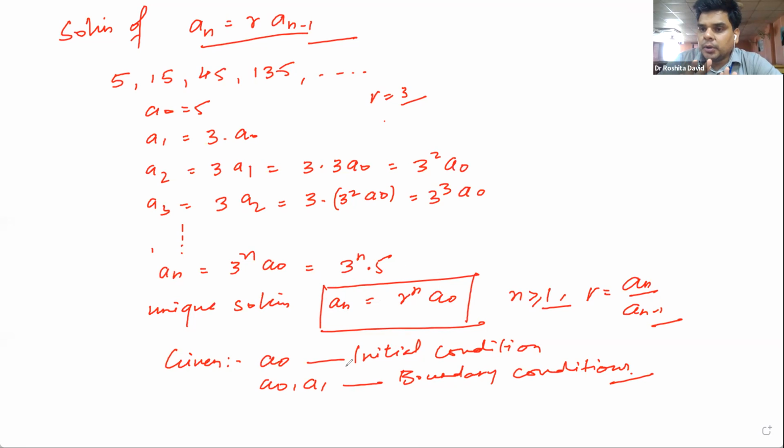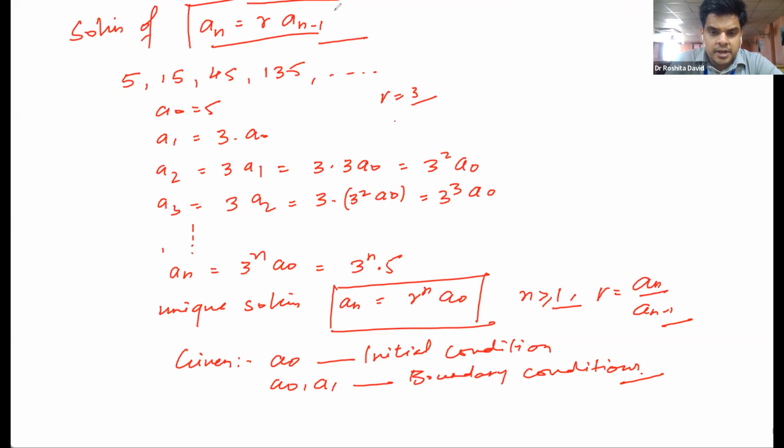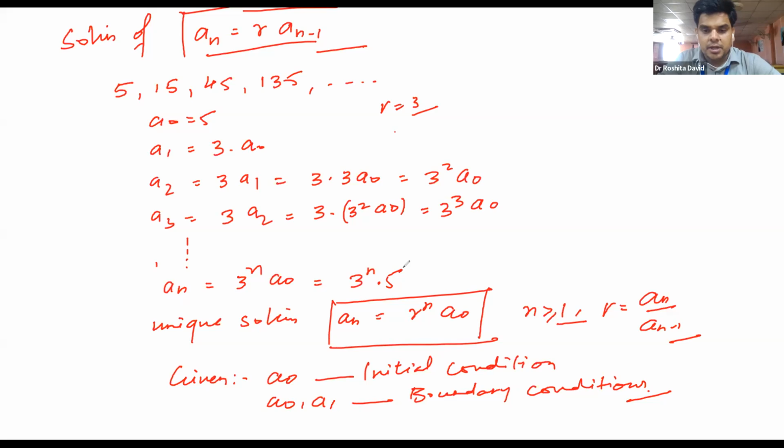Now you know what is a first order linear homogeneous recurrence relation, and what is the unique solution of this. Now I will discuss a few problems related to that first order linear homogeneous.